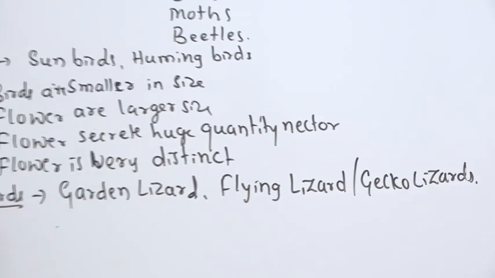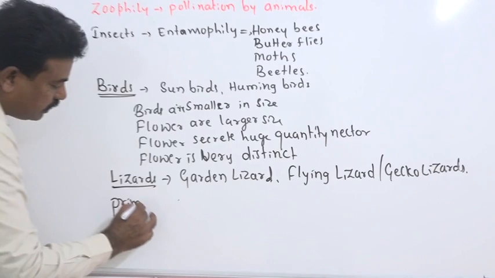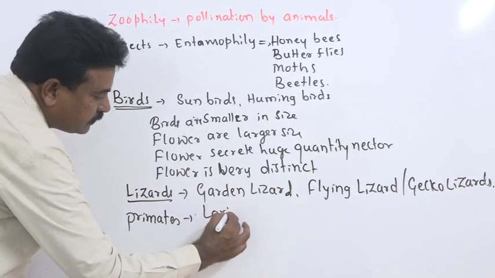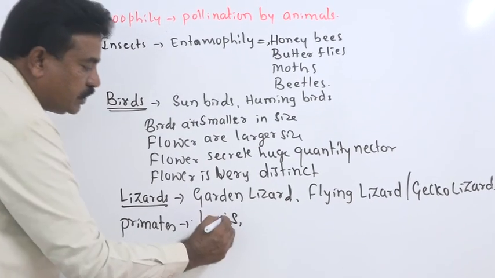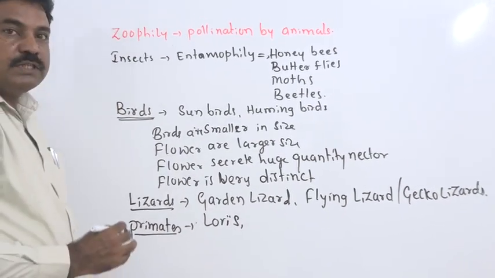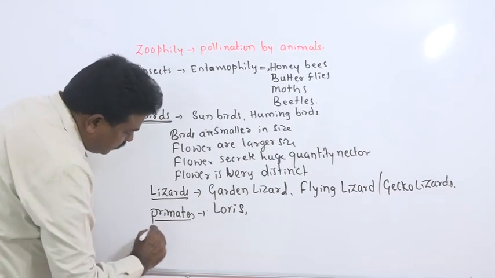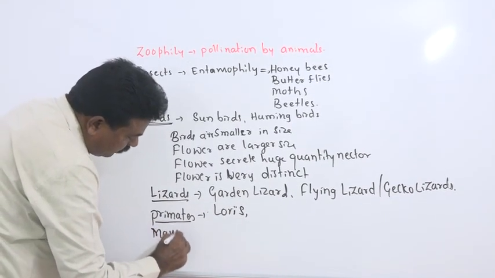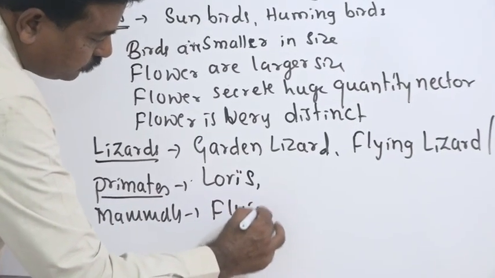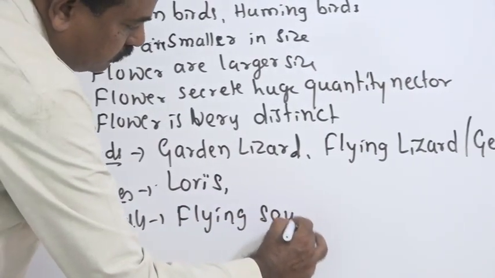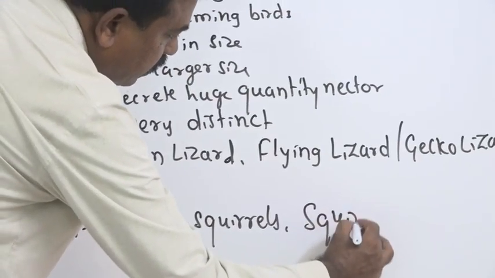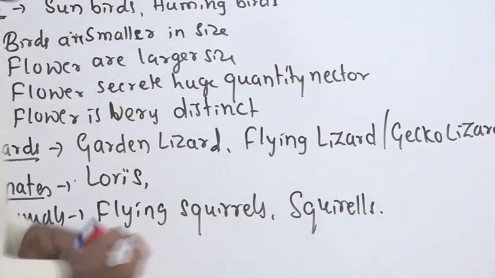At the same time, if you take primates other than human beings, the loris shows pollination. Then among mammals, flying squirrels and squirrels also carried out pollination.